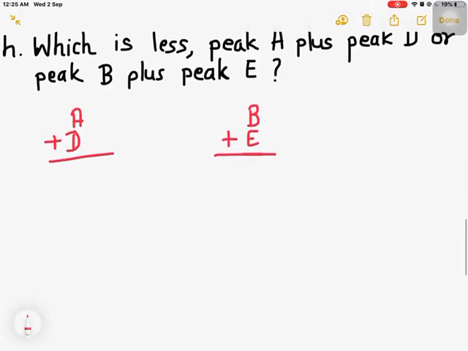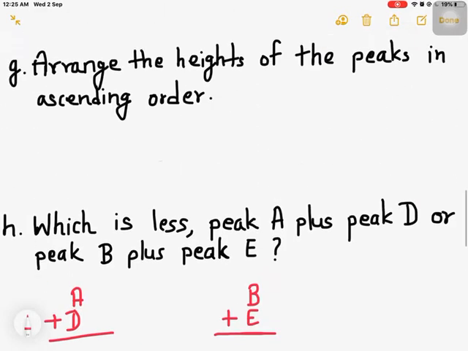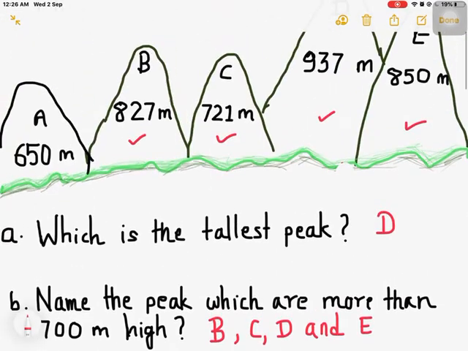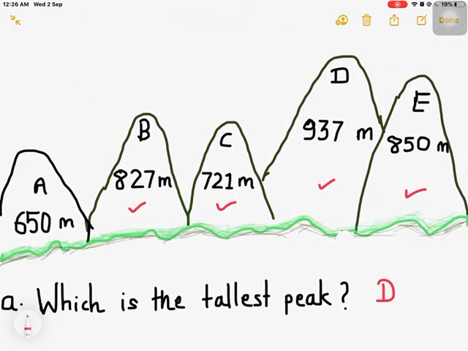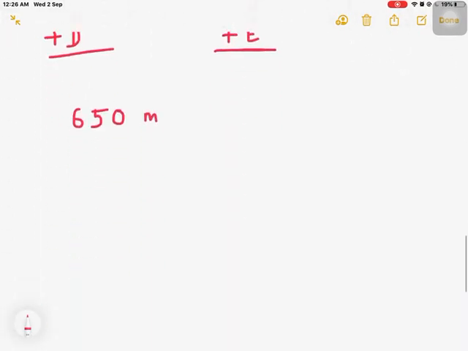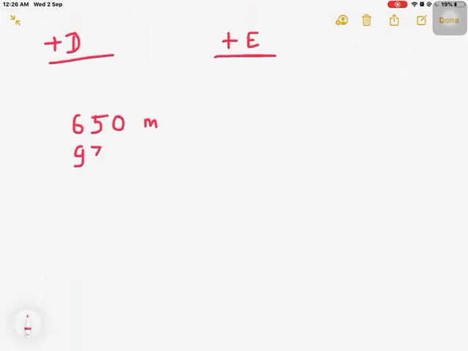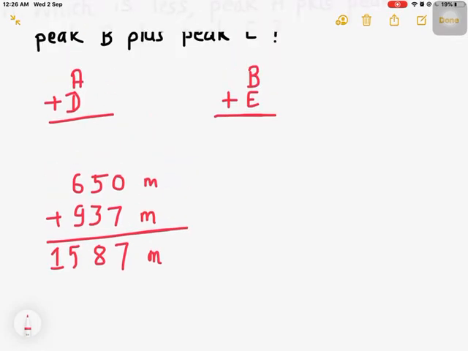Let's add then. A is 650, isn't it? And D is 937. Now let's add. 0 plus 7, 7. 5 plus 3, 8. 6 plus 9, 15, okay, meters. Now we have to add B and E also. What is the height of B?